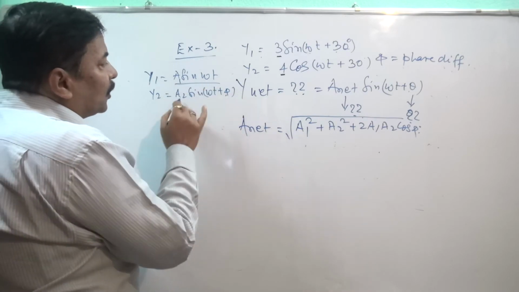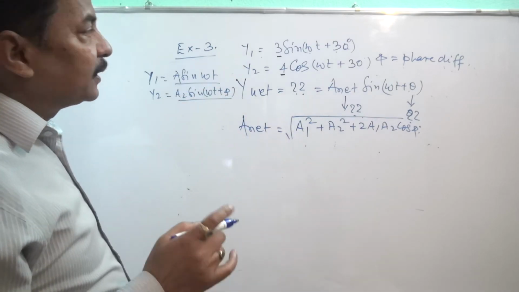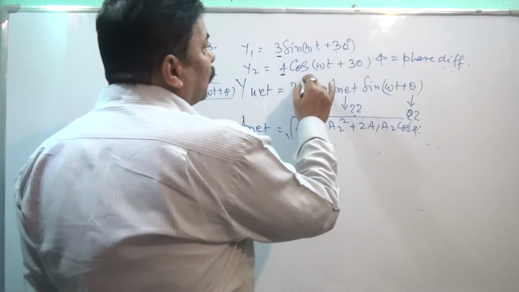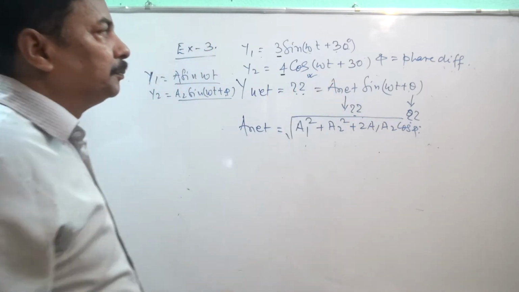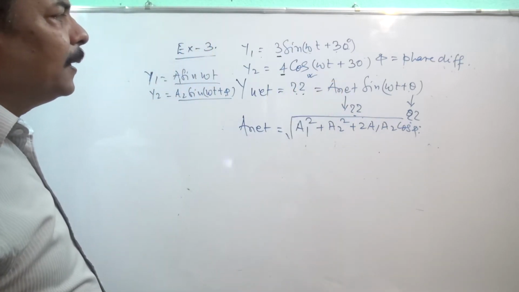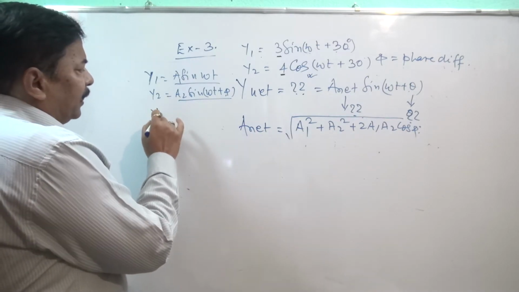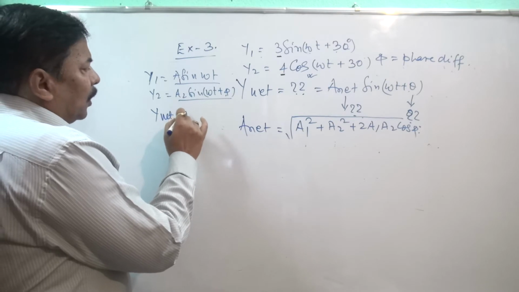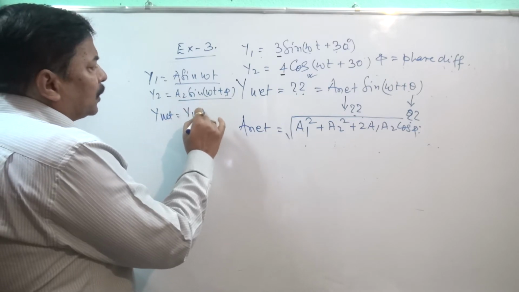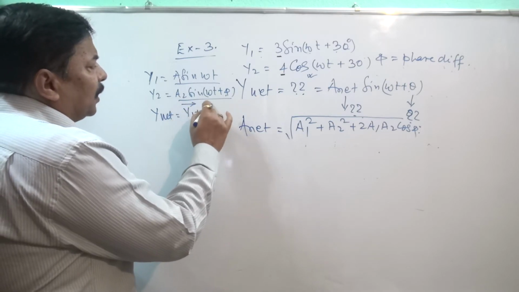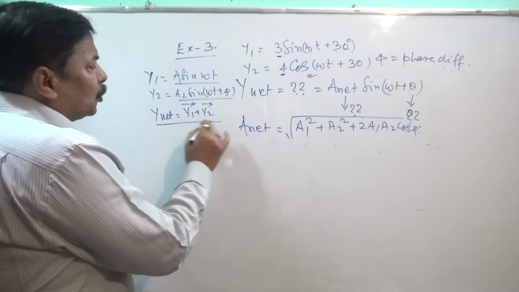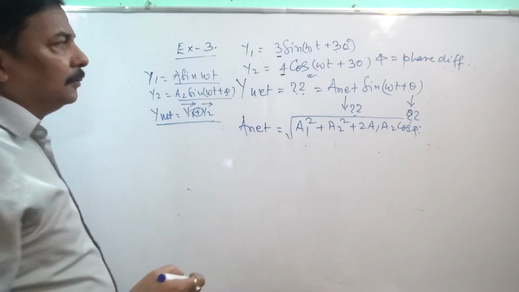So both terms are in sine. So first of all we will have to convert it into sine. Second thing, we were finding y net equals y1 plus y2. That means both terms should be separated by a plus sign.